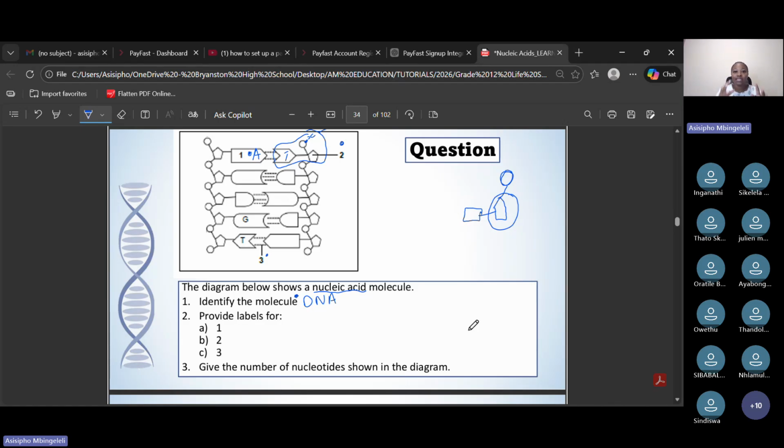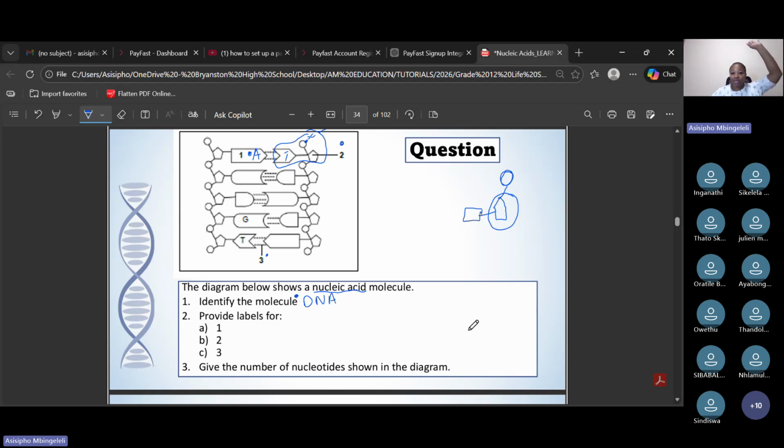You are able to see that the molecule on this particular diagram is a DNA molecule. You need to specify the sugar that we find in a DNA molecule, which is deoxyribose sugar. So we can't just say pentose sugar because we have pentose sugar in both RNA and DNA. But for our specific diagram, this is a deoxyribose sugar because we find it in DNA.